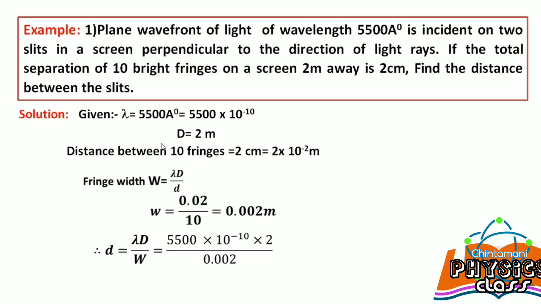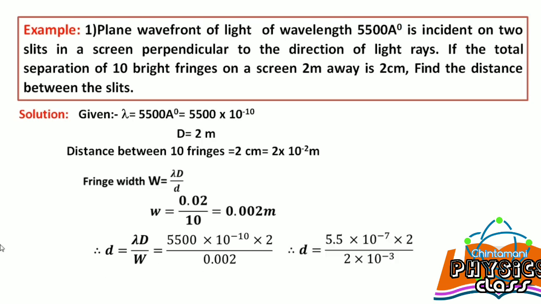Now what is your target? Find the distance between the slits. Now rearrange the formula: small d is equal to lambda capital D divided by W. Substitute the value of lambda, 5500 into 10 raised to minus 10. The value of capital D is 2. Value of W is 0.002.